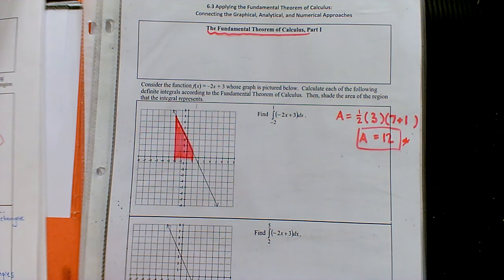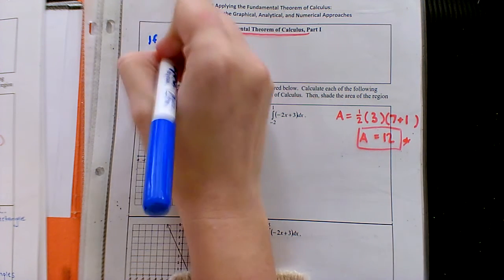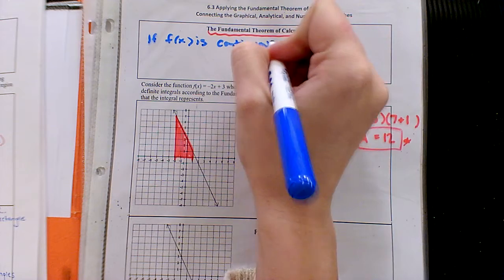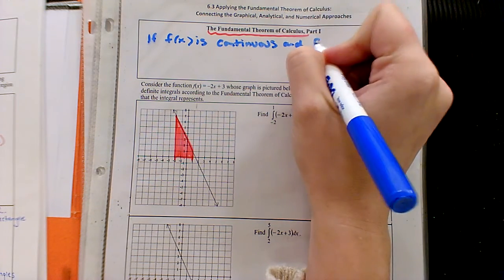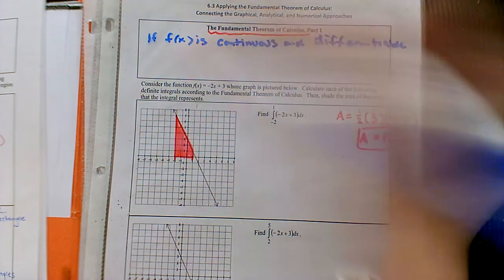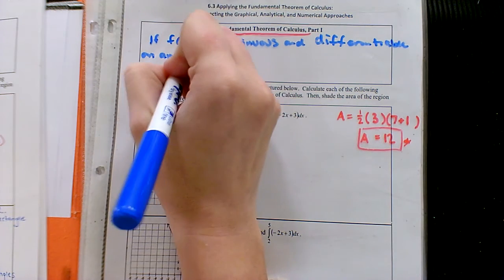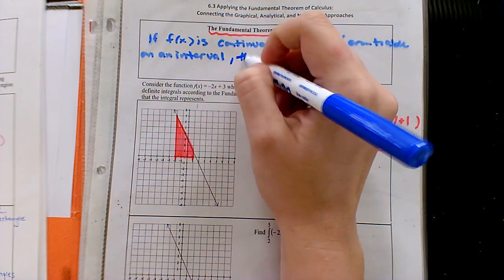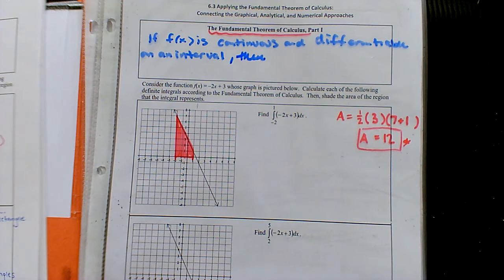All right, so the fundamental theorem, we're going to get down to it. What has been some of the criteria or conditions that we've seen from other theorems this year? Yeah? All right, same thing here. If f of x is continuous and differentiable on an interval, right, same criteria.